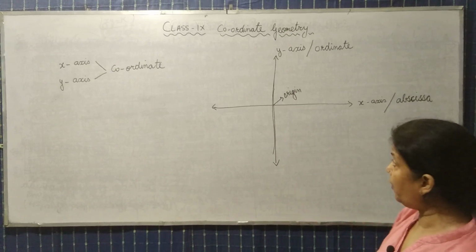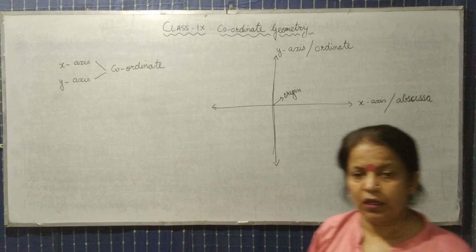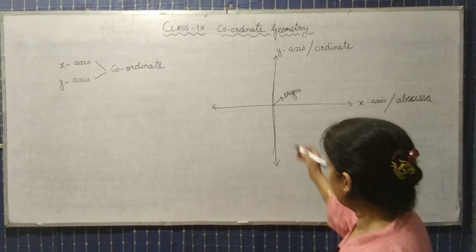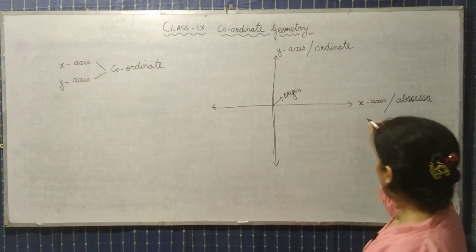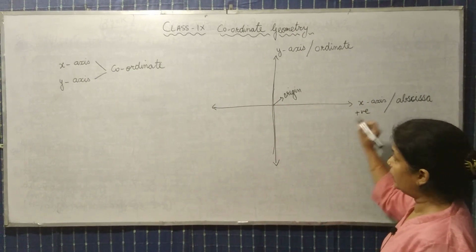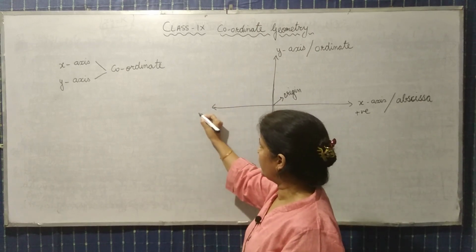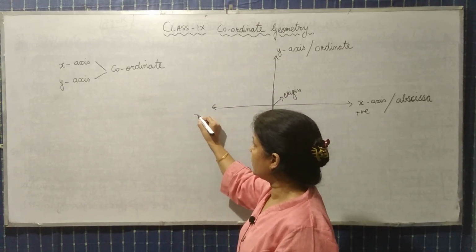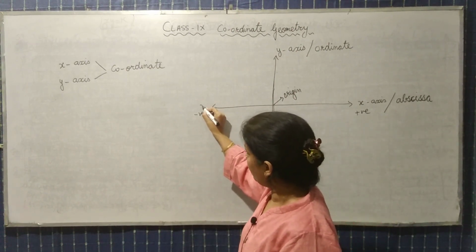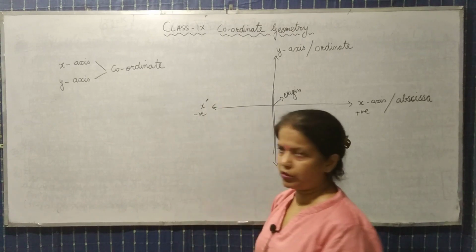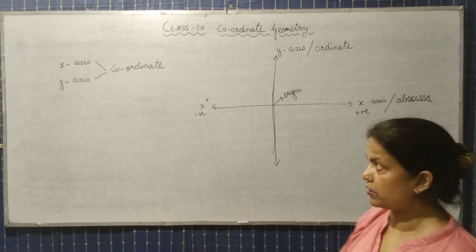Okay, अब अगर हम x-axis की बात करें, आप जैसे नंबर लाइन पे करते हैं, this is origin, so the value on this side is always positive and the value on the left side of the origin is always negative. तो हम इसको x dash से भी डिनोट कर सकते हैं. X dash means negative value of x-axis.